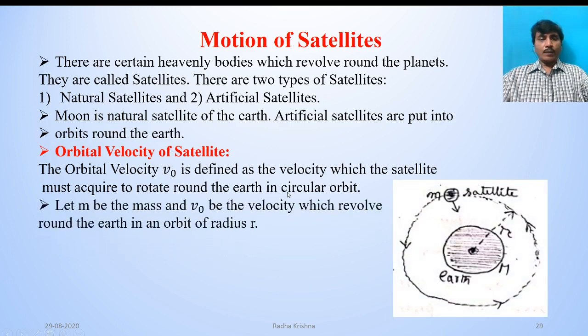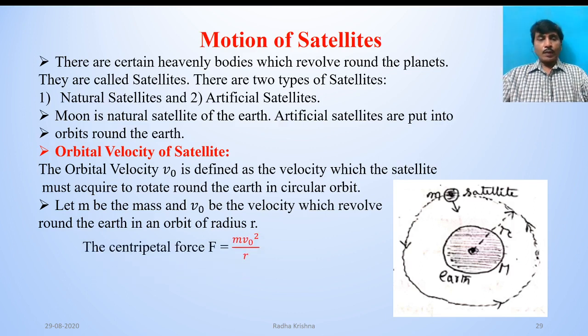Let m be the mass and V0 be the velocity with which a satellite revolves around the Earth in an orbit of radius r. In the diagram, this is Earth of mass capital M, this is satellite of mass small m revolving around the Earth in circular orbit of radius r.